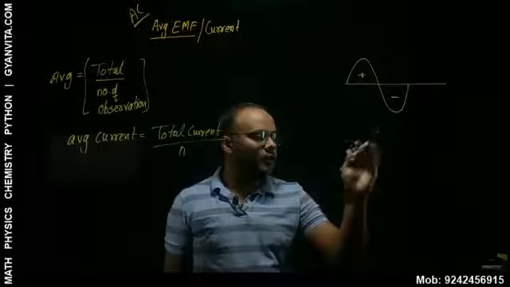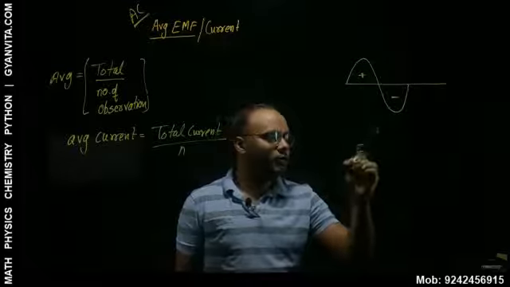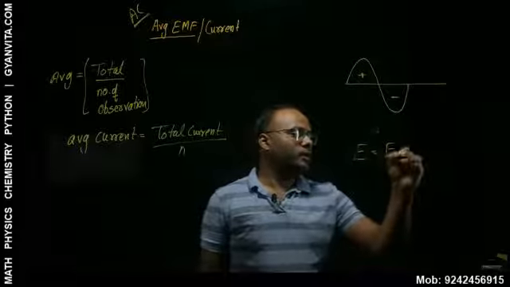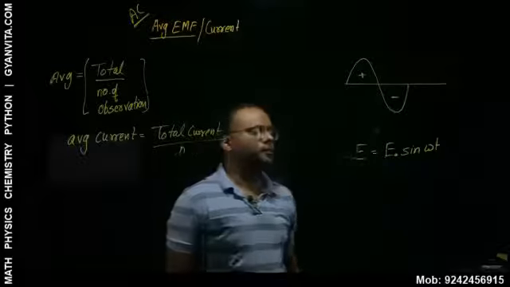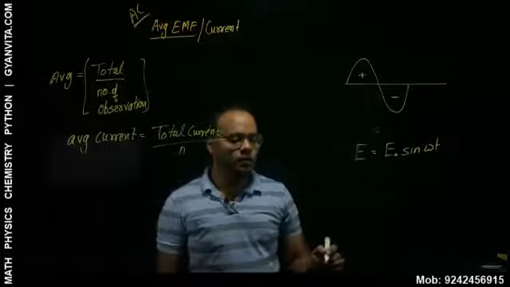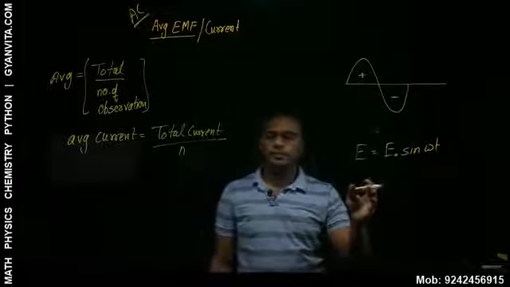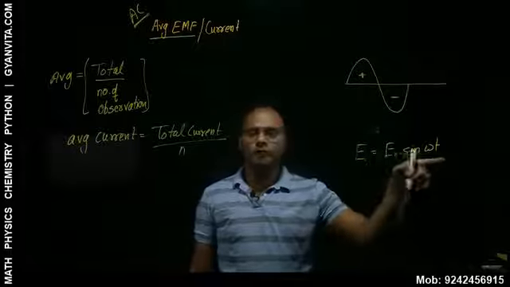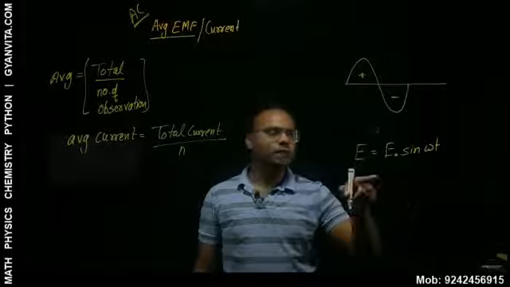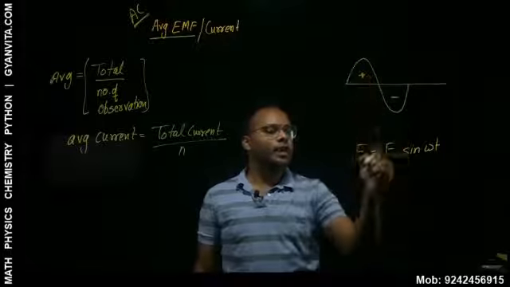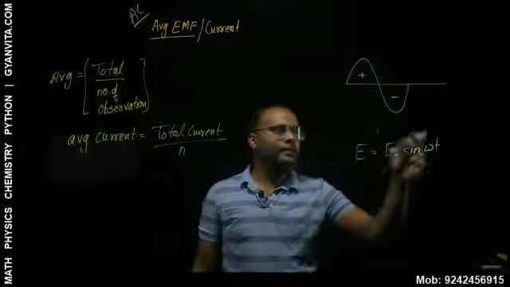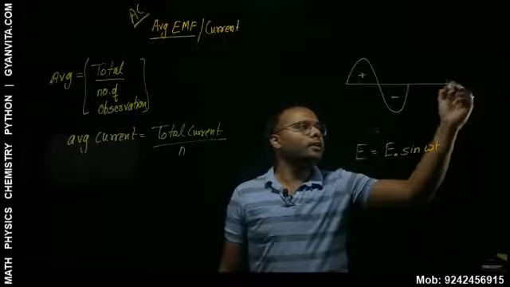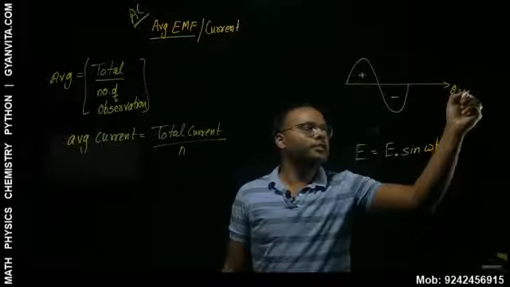And this you can even prove mathematically. Suppose we talk about E, then E is equal to E naught sine omega t, right? So the total EMF in this case will be what? If I have to find the total EMF, I'll have to add this with respect to t, where theta is equal to omega t.